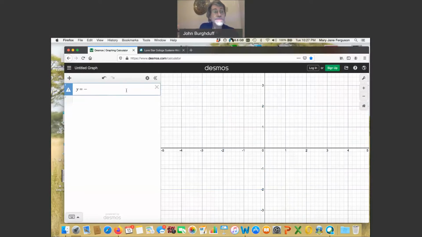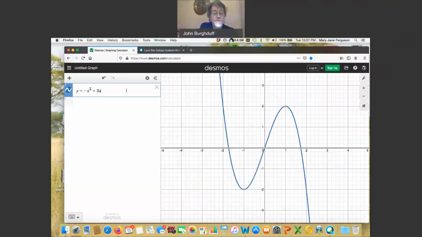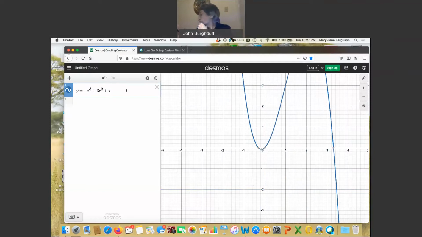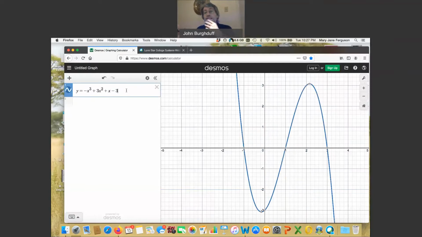It was negative x to the third plus 3x squared plus x minus 3. And that, I think, looks a whole lot like the graph that I drew.